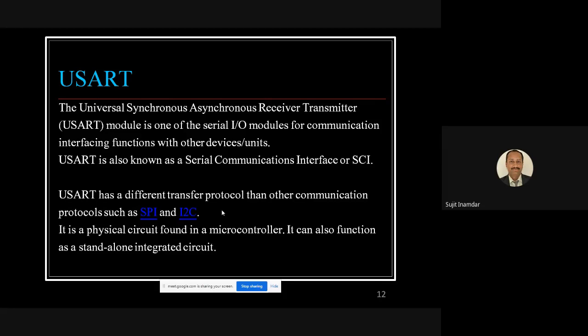A protocol is nothing but a set of rules by which the transmitter and receiver synchronously send or receive the data, so that the communication happens in a smooth manner and no bits get damaged or lost during transmission in the channel. So that is what the protocol is.